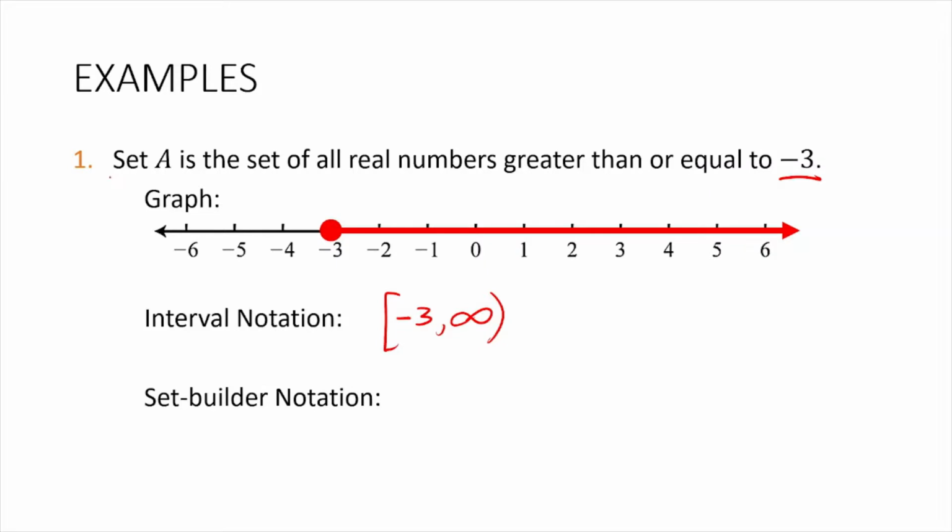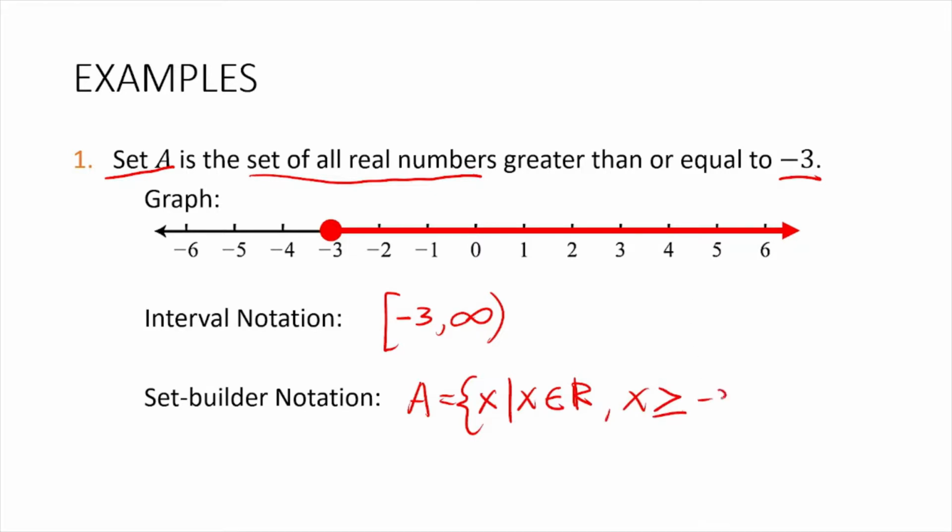This is set A, so we say A is the set of all x such that x is a real number, from this condition, and x must be greater than or equal to -3.